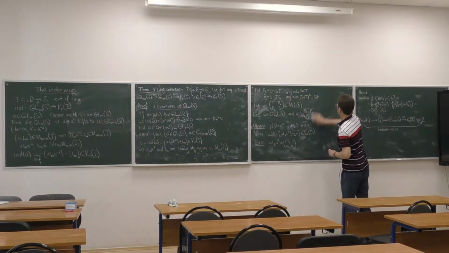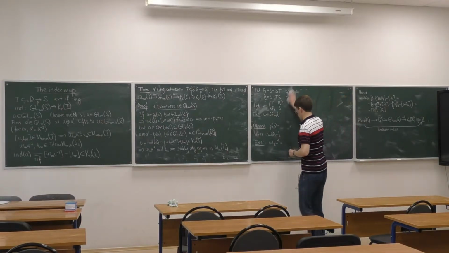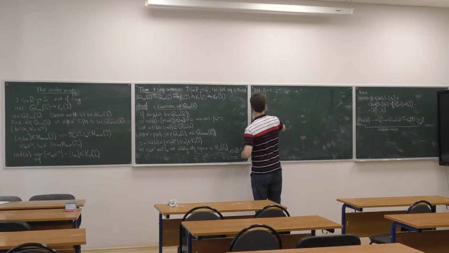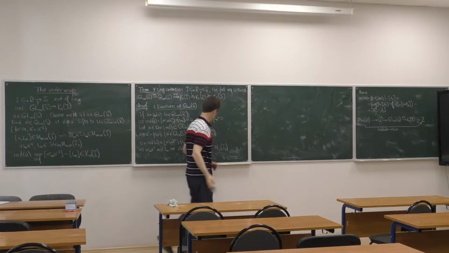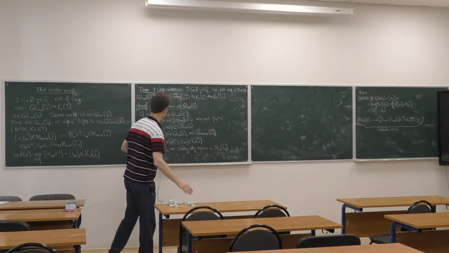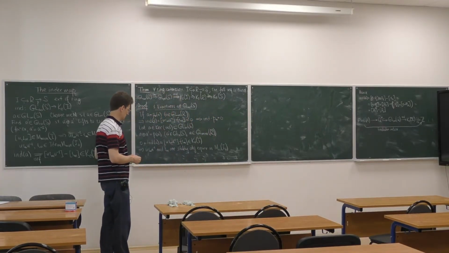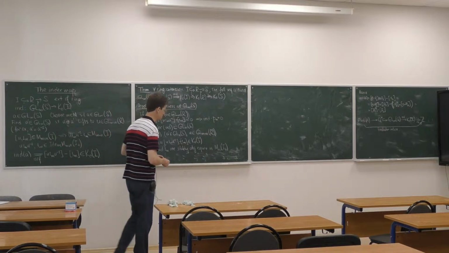Well, for technical reasons, it will be convenient to look at a special case of this property, namely, let's assume that they are not just stably algebraically equivalent. Let's assume that they are similar.